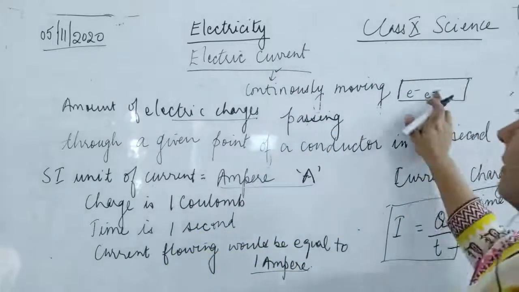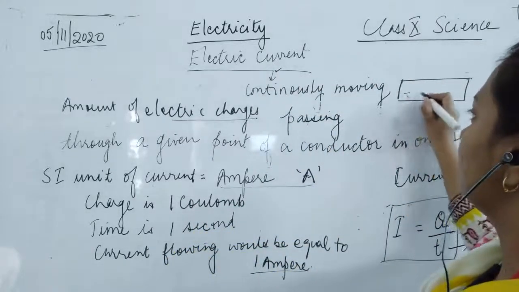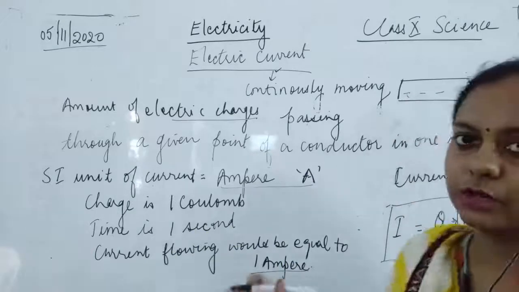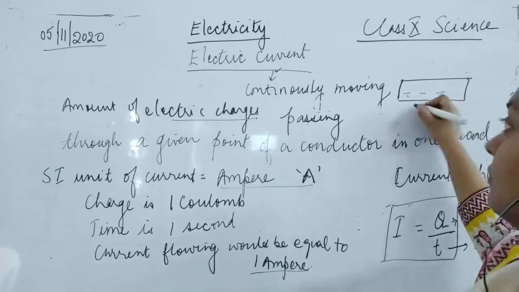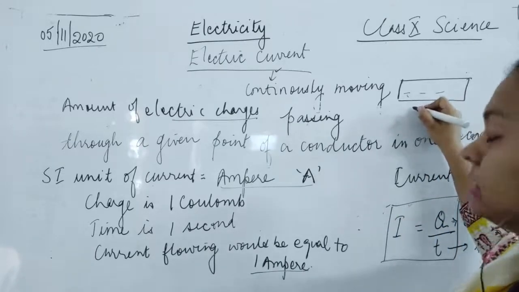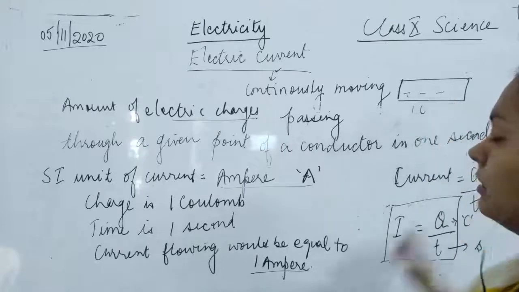Even if we forget the electrons, if I say that negative charge is flowing or positive charge is flowing, then what happens? The charges are moving. How many charges? Charge is denoted by 1 coulomb.